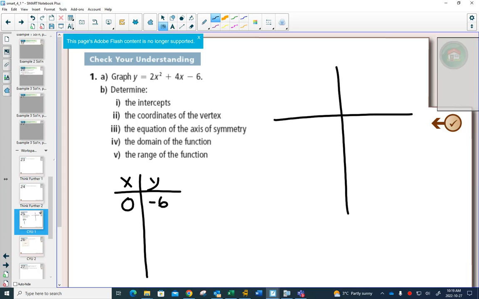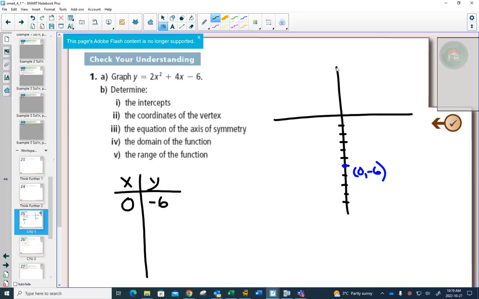And we can go to our graph and label 0, minus 6. And since we know it's a parabola, we know that it's U-shaped, and we know that it's symmetrical. Okay?